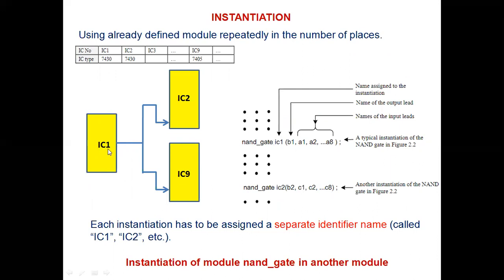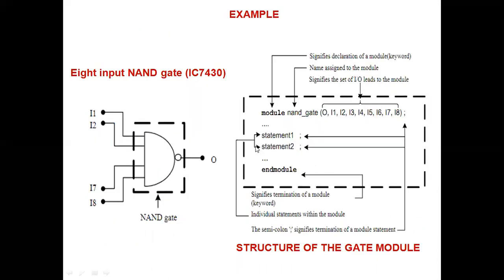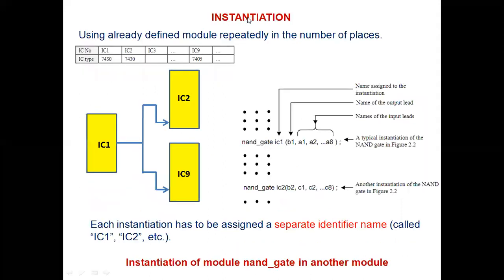Absolutely not necessary. Since you have this NAND gate module already with you, you will call it. We call this instantiation. So what is instantiation? Using an already defined module repeatedly in a number of places. That is called instantiation.